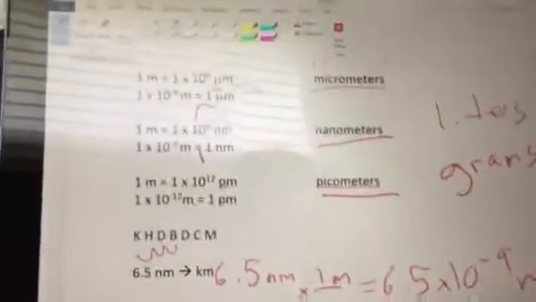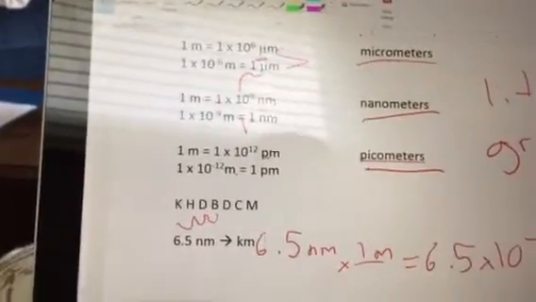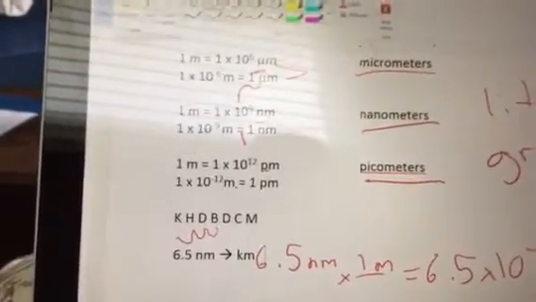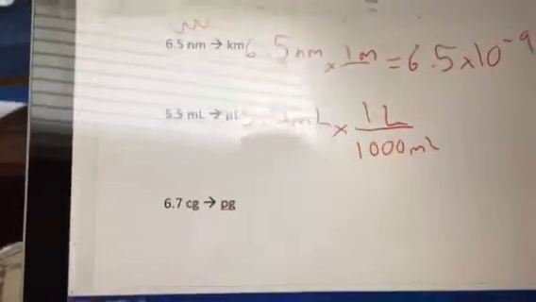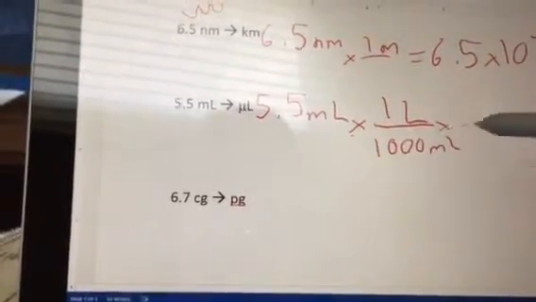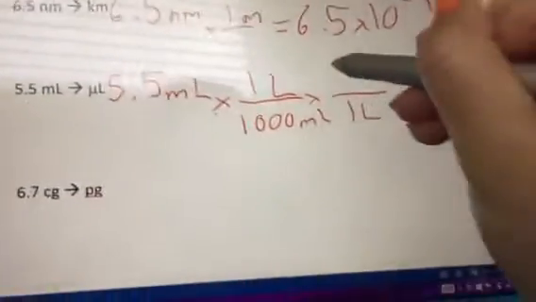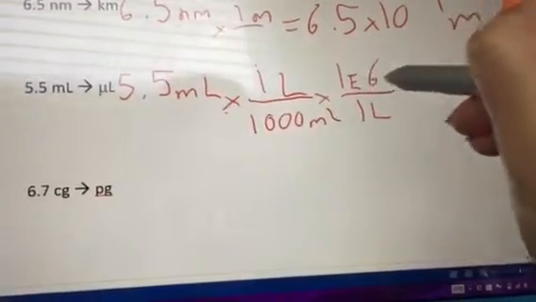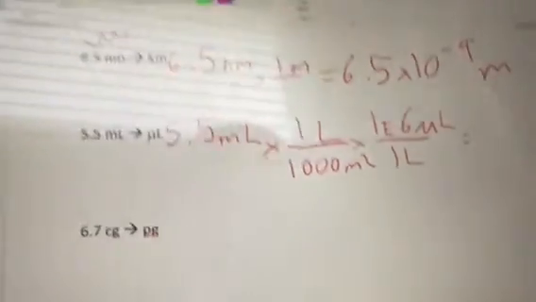And then if I go up and look at my conversions, I have 1 meter equals 1 times 10 to the 6 micrometers. Or 1 liter equals 1 times 10 to the 6 microliters. So I have 1 liter on bottom, 1 times 10 to the 6 microliters on top.